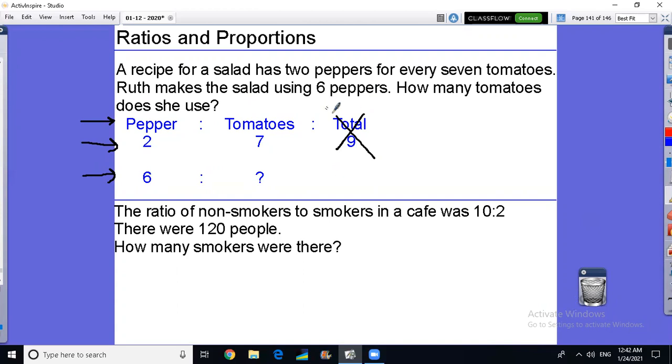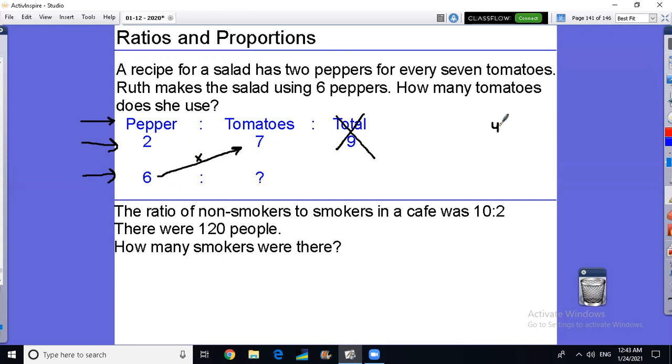So now I'm going to ignore this column. How can I find the tomatoes? Cross multiplication. We always start from the third line, the line that has the missing number, the question mark. I'm going to start from the 6 and cross up: 6 multiplied by 7, which is 42.